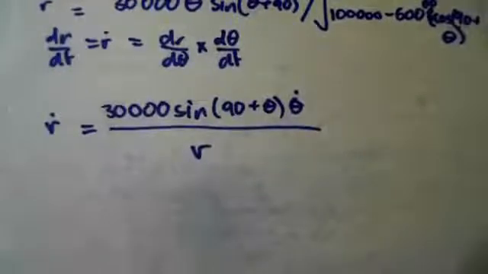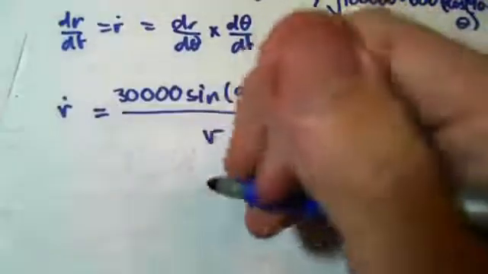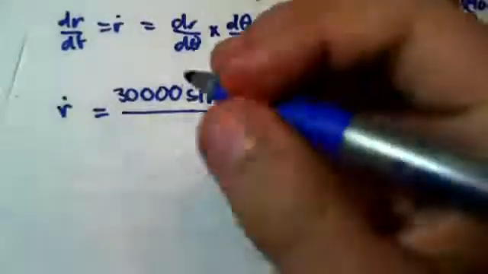So for theta equals 30 degrees, we know that theta dot equals 3 radians a second, which was stated in the question.